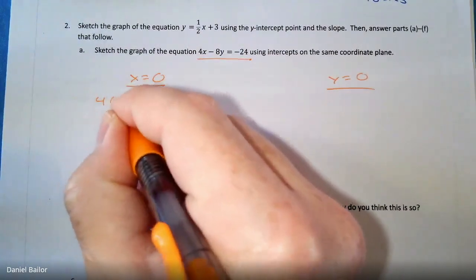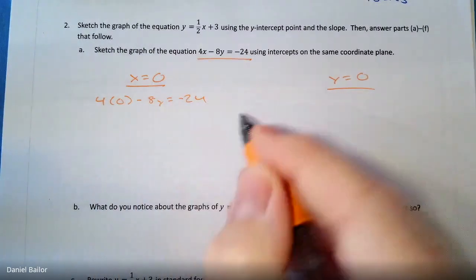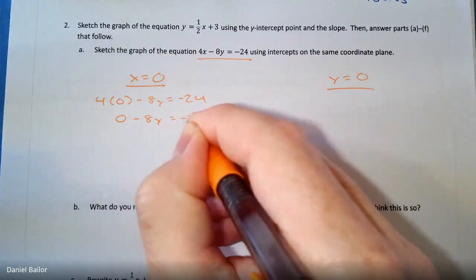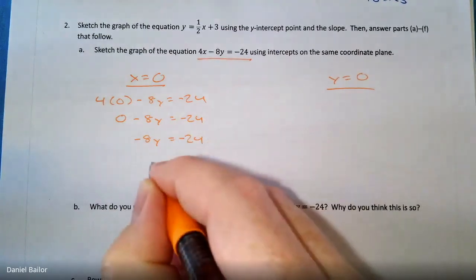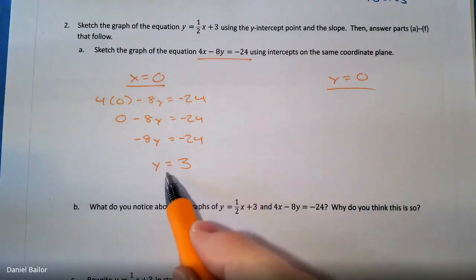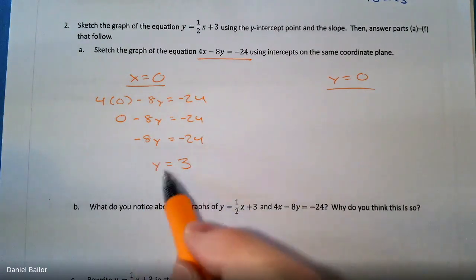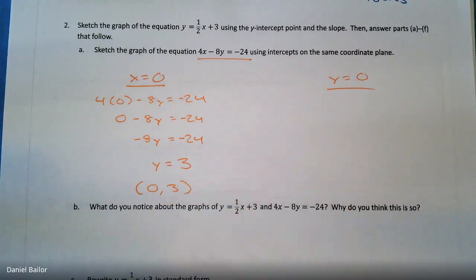I have 4 times 0 minus 8y equals negative 24. That's 0 minus 8y equals negative 24. That's negative 8y equals negative 24. So y has to be 3, because negative 24 divided by negative 8 is 3. So my intercept is 0, 3.